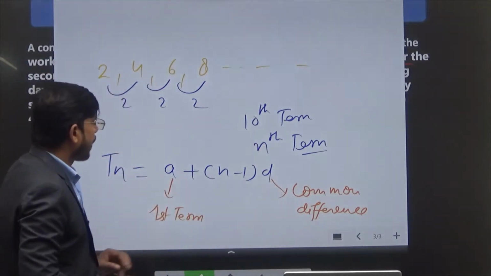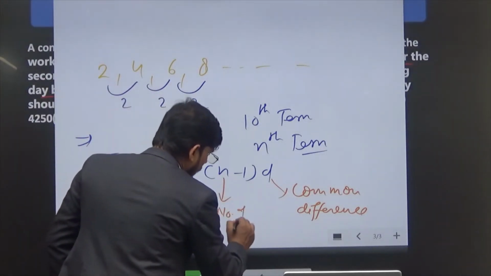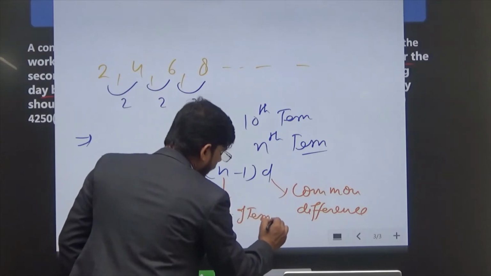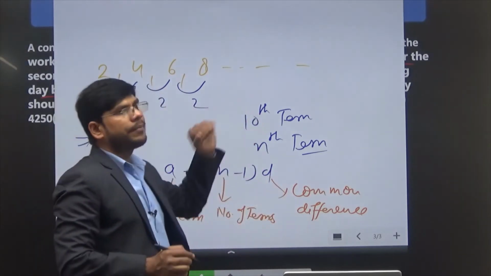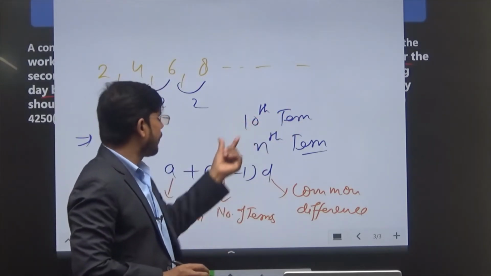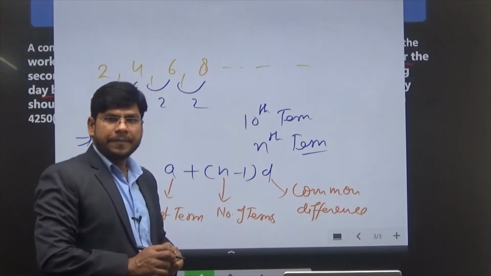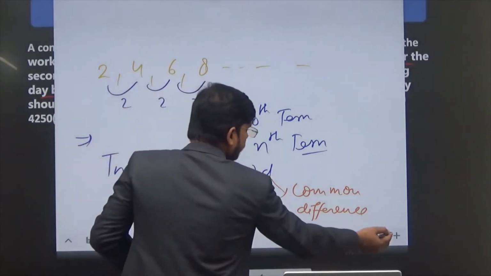And n, what is n here? Number of terms. Number of terms means, suppose here we have to find out the 10th term. So here the value of n will be 10. Okay. So what will be the 10th term?